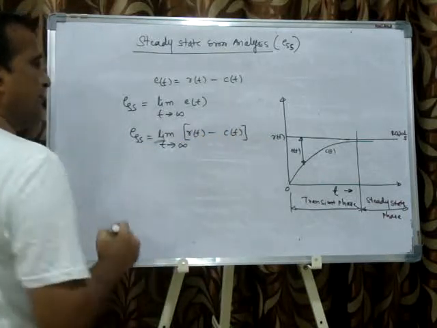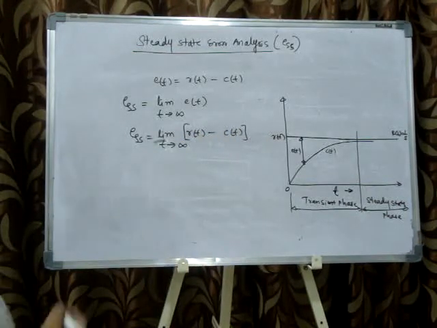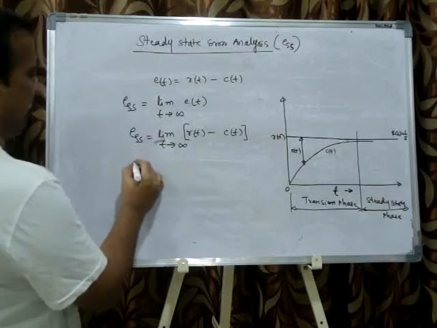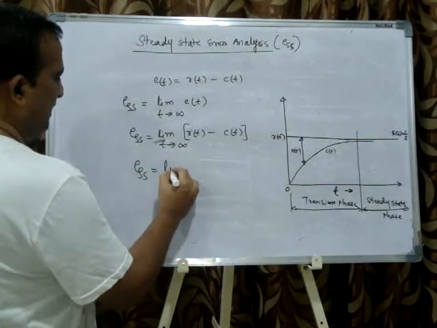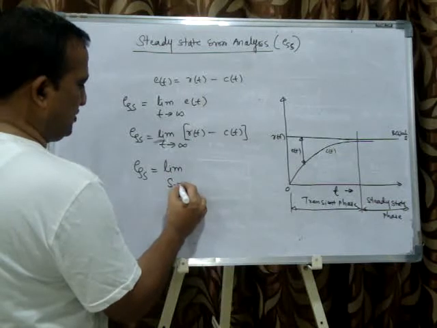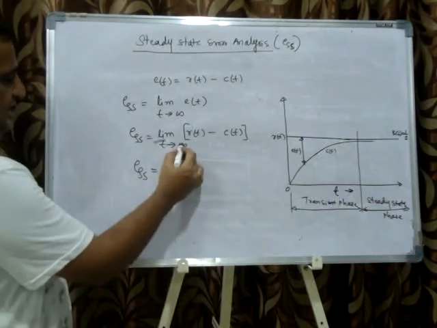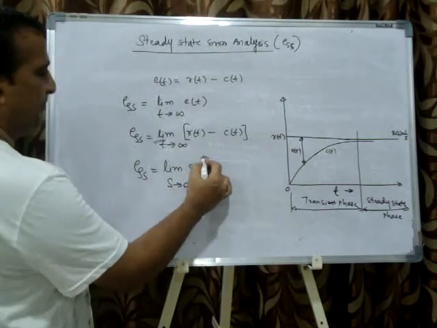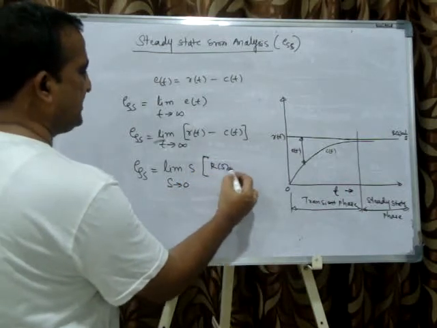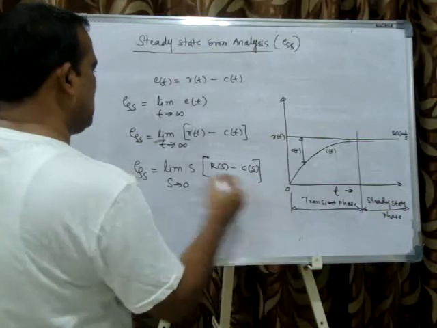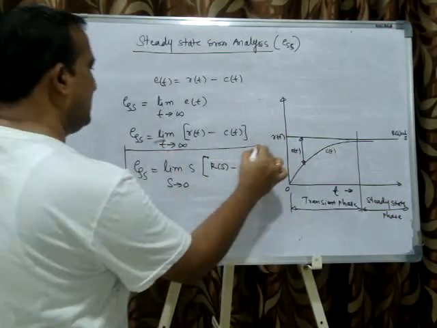It is in the time domain, but in control systems everything I am solving in the S plane. So when s becomes 0, because t becomes s and infinity becomes 0, we multiply by s, the R(s) minus C(s). This is called the steady state error formula.